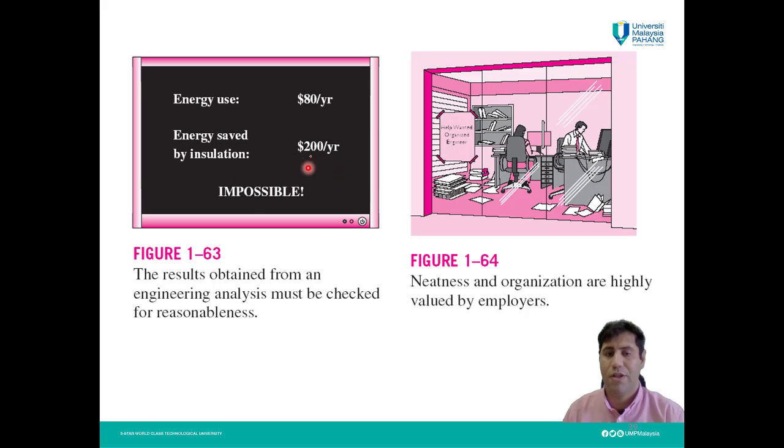Is it possible? No, it is not possible. The energy use is given, it is $80 per year. How can you save $200 per year? It should be a fraction of these $80. So by this you can check if your final answer is correct or not. And always do not forget to write your answer or solve the problem in an organized way. You should write the answers step by step and clearly.